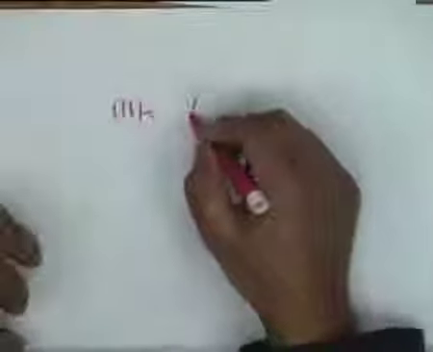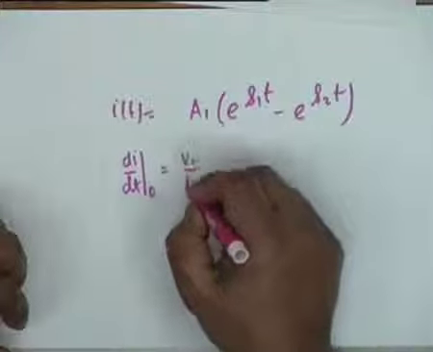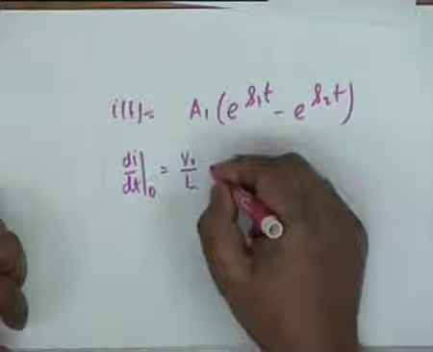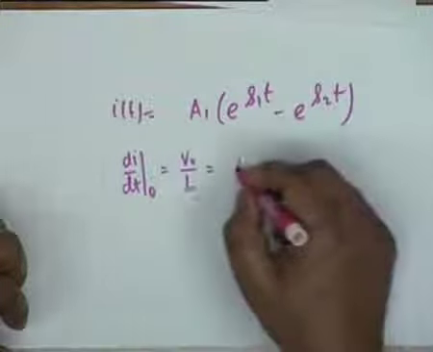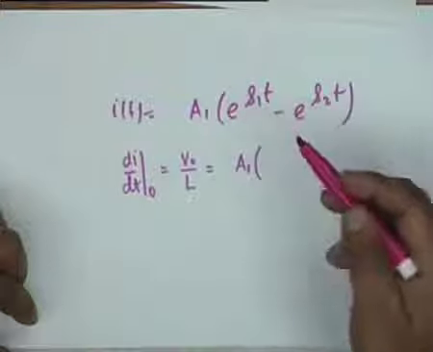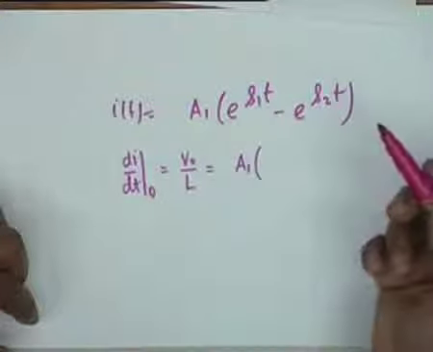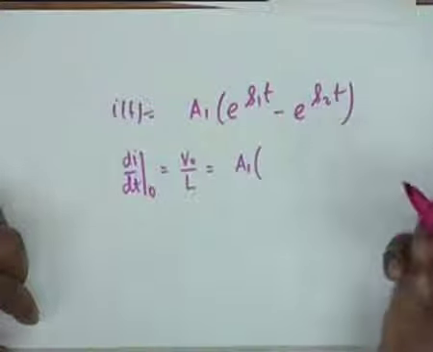And the other initial condition is that di/dt at 0 should be equal to V0 by L, which means that for A1, now take d/dt and put t equal to 0. d/dt of e to the s1t is s1 e to the s1t, and if you put t equal to 0 then it's simply s1, minus similarly s2. Is that clear?